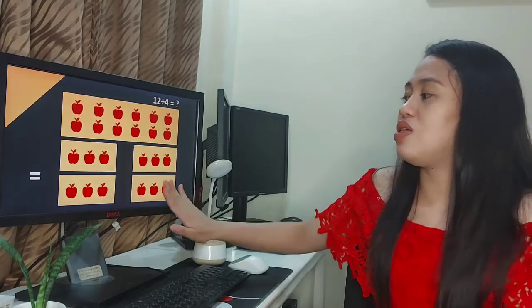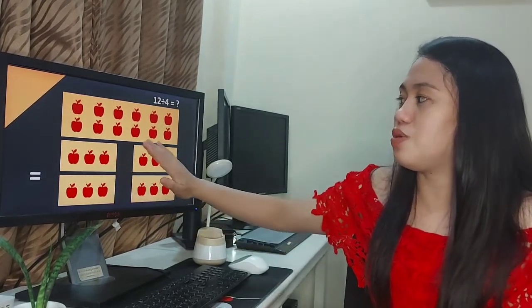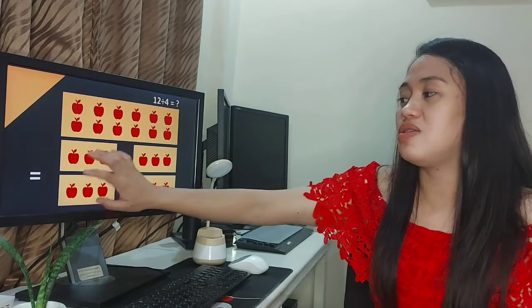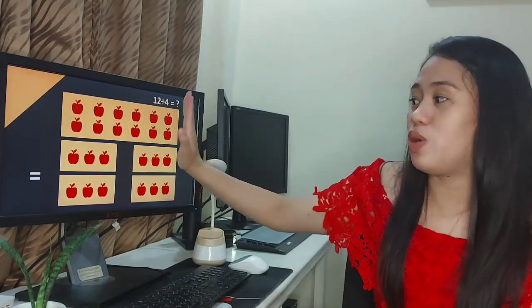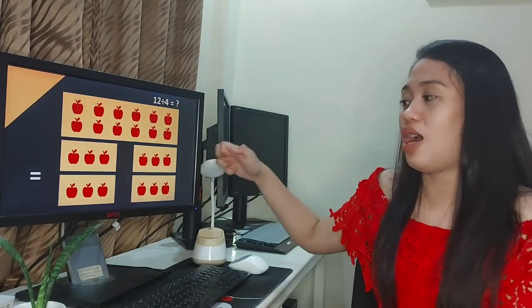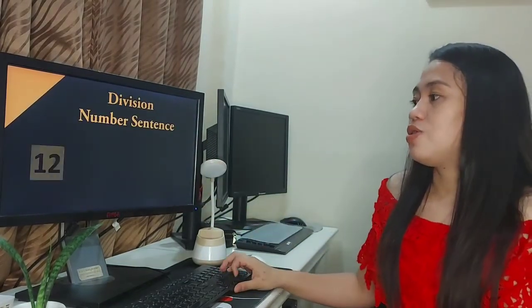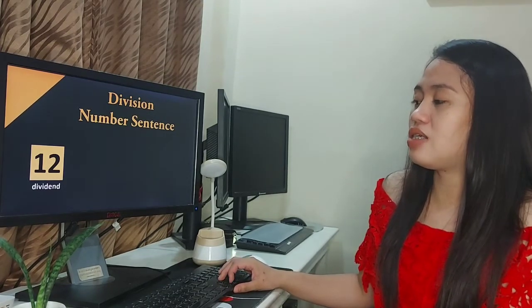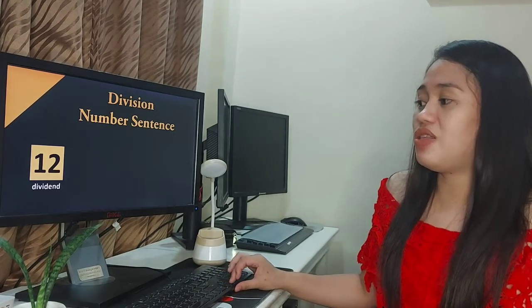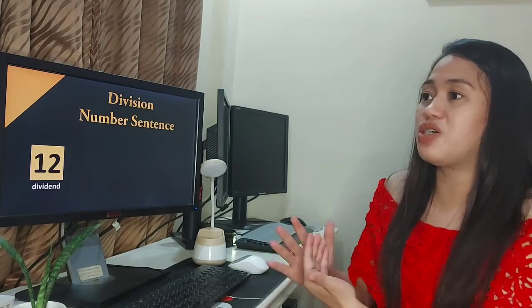So, ilang apples meron yung 4 na boxes? Ilang apples from the sum of 12? So, we get 3 apples per box. So, in a number sentence, division is like this. Dividend, ito yung bigger number.